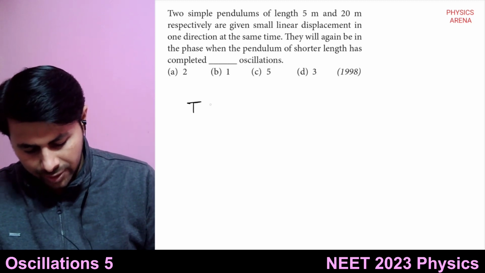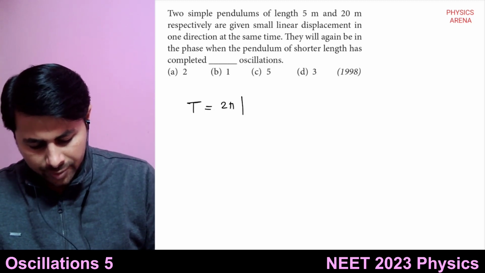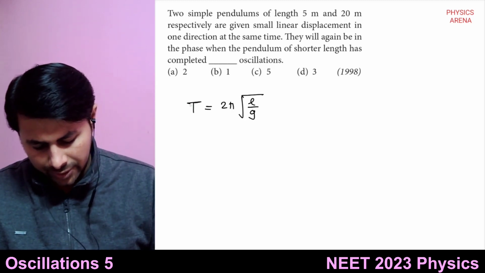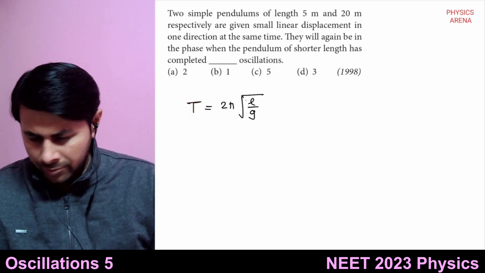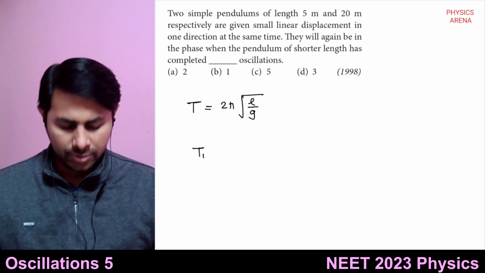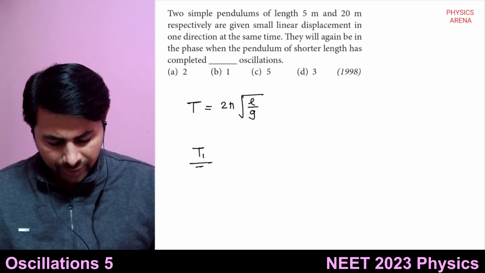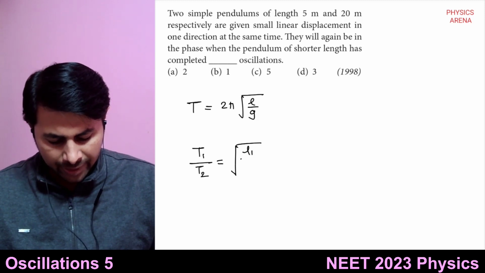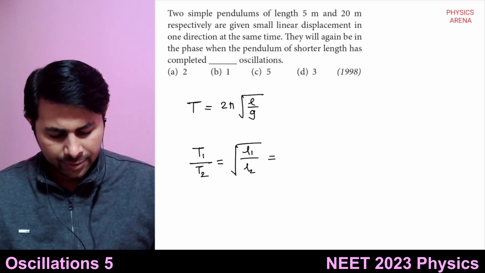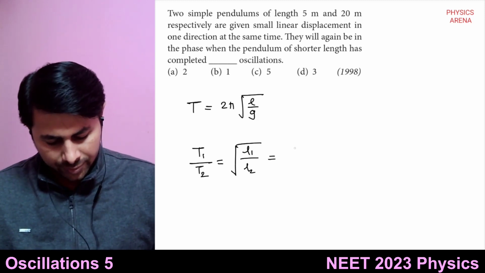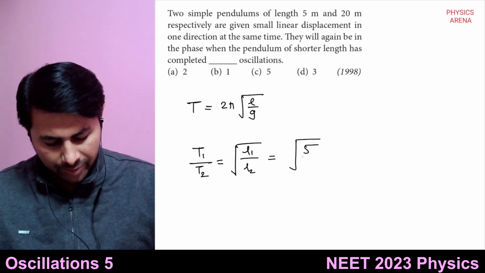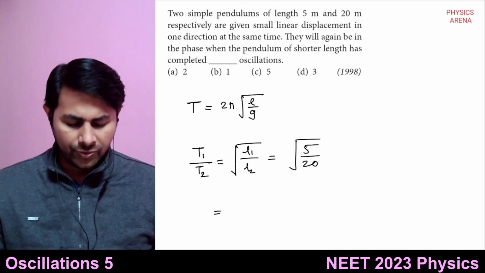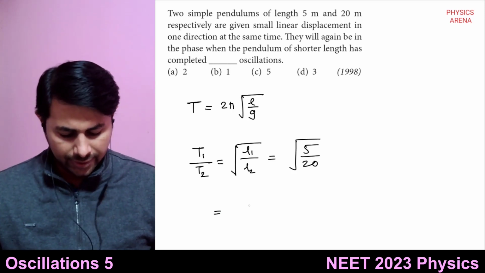T is equal to 2 pi root of L by G, so T is directly proportional to root of L. So T1 by T2 equals root of L1 by L2, which is root of 5 by 20, or 1 by 4. That's 1 by 2.